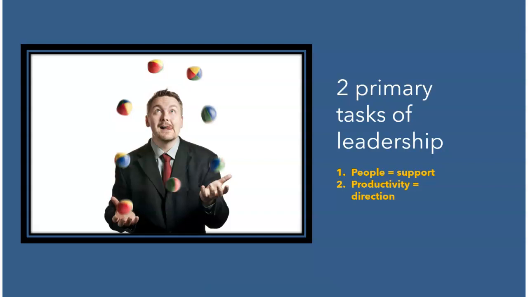Again, these two pieces always need to be focused on. We can never let those balls drop. But servant leadership and this week's situational leadership, I think you will find, provides that balance. It puts the effort in people when they need it. But then once you have invested in that people side, in the support, the productivity follows.